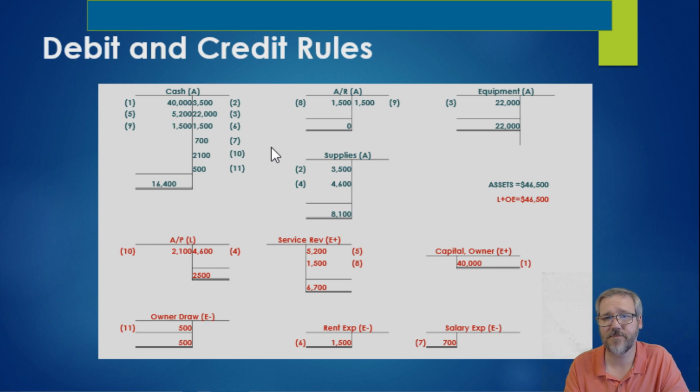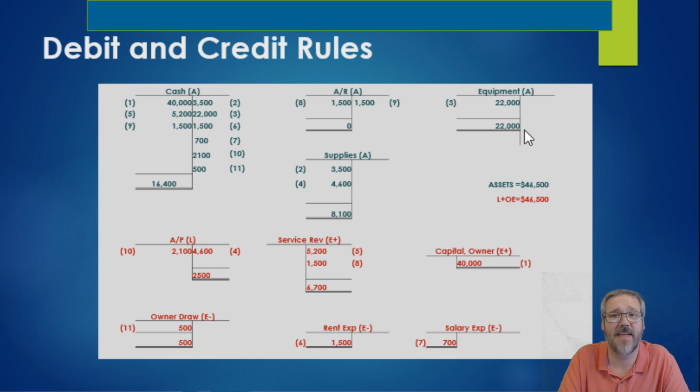Supplies, if you'll remember, I got $3,500 and then I bought another $4,600 on credit for a total of $8,100. And as of now, I haven't really updated my supplies account. Keep in mind, this is probably different. By the 11th day of the month, I have probably used a few supplies, but they're not reflected in this transaction chart yet. Equipment, remember, I purchased for $22,000.